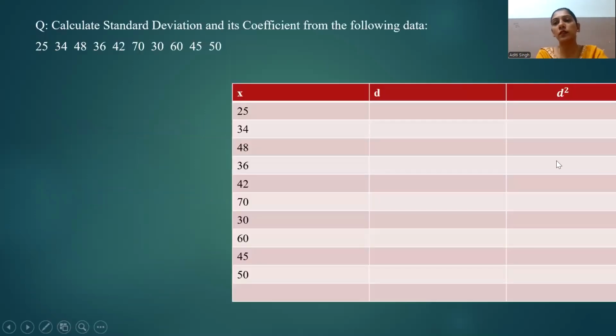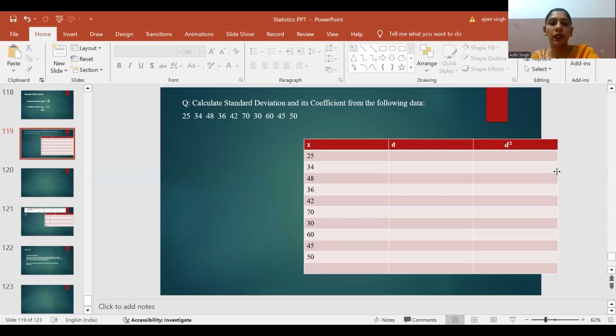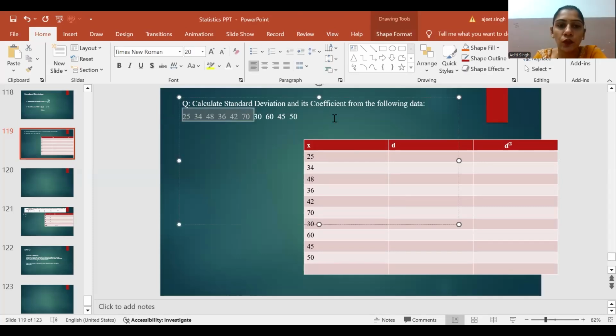In this question, we have to calculate the standard deviation and its coefficient from the following data. The data given is 25, 34, 48, 36, 42, 70, 30, 60, 45 and 50.